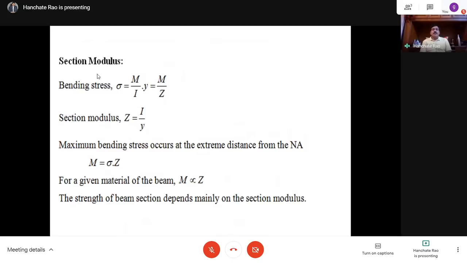We know that sigma, the bending stress, is equal to M by I into y. We know this from the bending theory. M by I is equal to sigma by y. We get sigma equal to M by I into y. If we write I by y as Z, this can be written as M by Z.